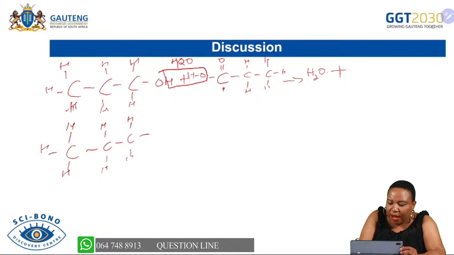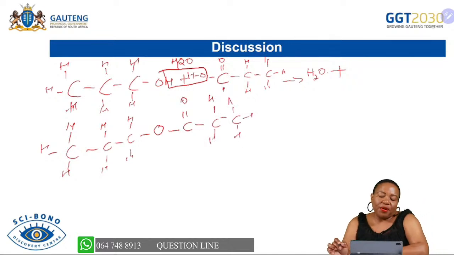Because the H is gone, what is left is the O and then a dash. Here the OH is gone, what is left is the C. So it's C double bond O and then CH2, CH3.